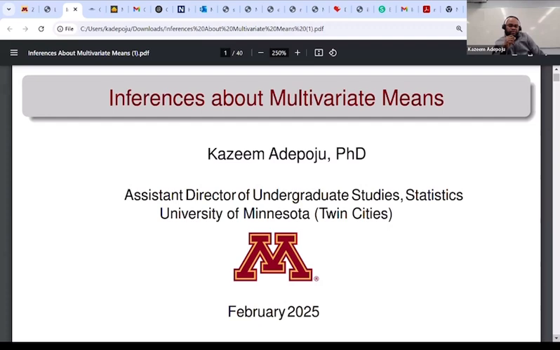When we talk about inferences, it's about testing hypotheses and constructing confidence intervals. Of course, before now, I walked you through the multivariate normal distribution.